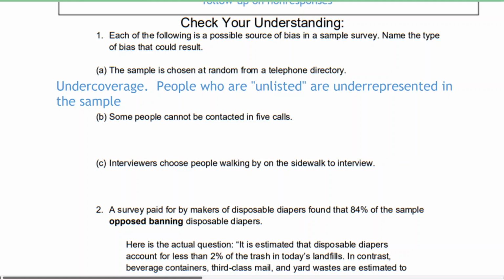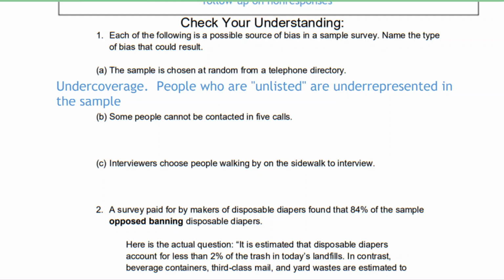I don't think we have a whole lot of telephone directories anymore. Pretty soon this is going to be an obsolete kind of question, but a telephone directory used to have a list of all of the phone numbers in use and who the phone numbers go to. People could opt not to be included in a phone book, and so those people are called unlisted.